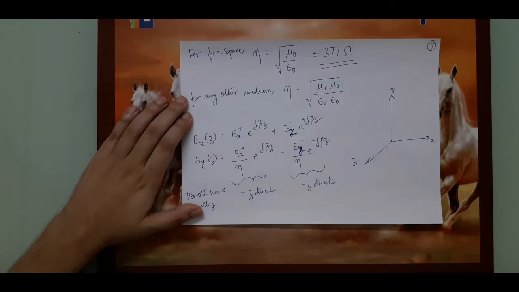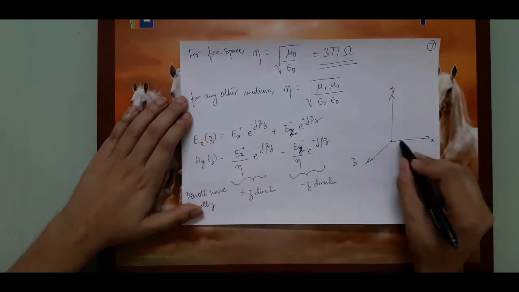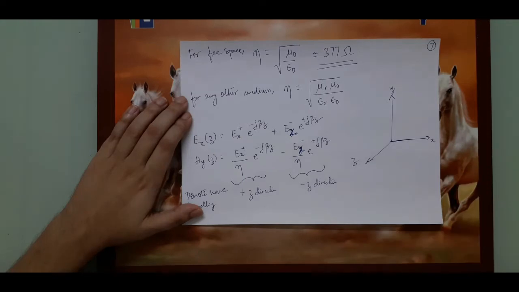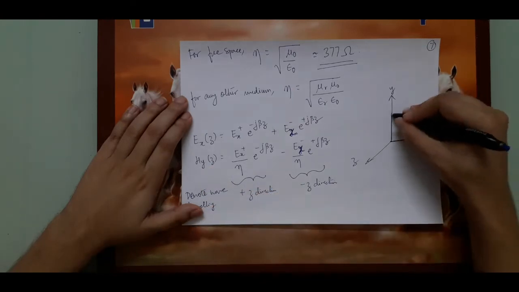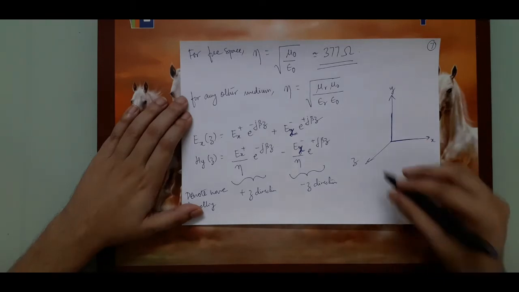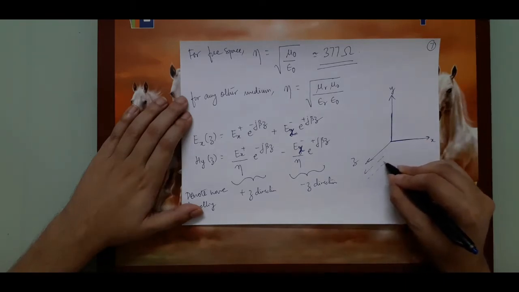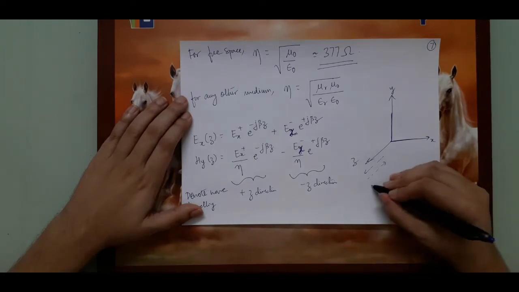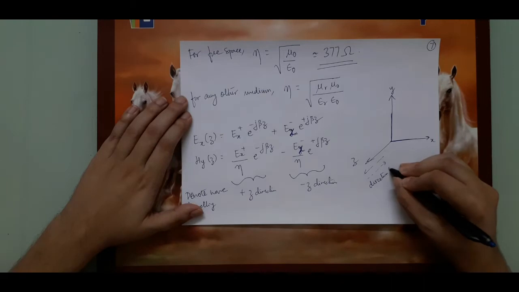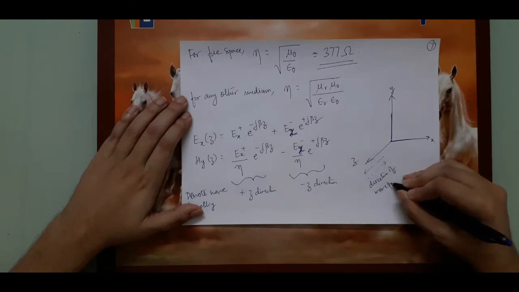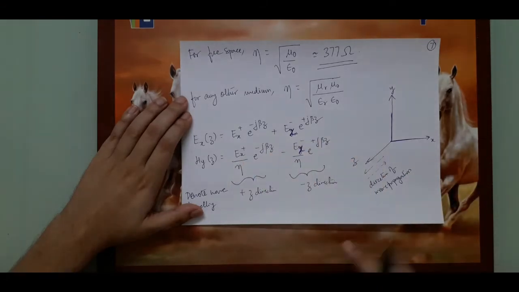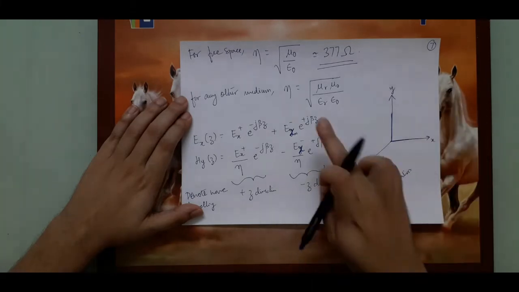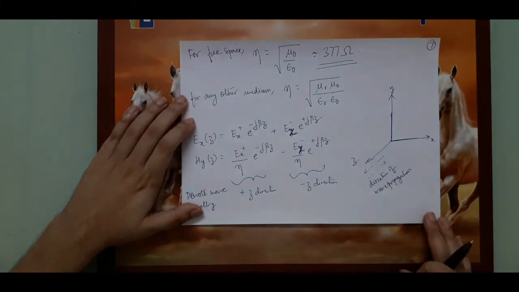What we are seeing is that the electric field vector exists along the x direction or the x axis. The magnetic field exists along the y axis but is a function of z, so is the case for Ex. And the wave is essentially propagating either here or here. Depending on which wave you are looking at, this wave is going in the positive direction, this wave is going in the negative direction.